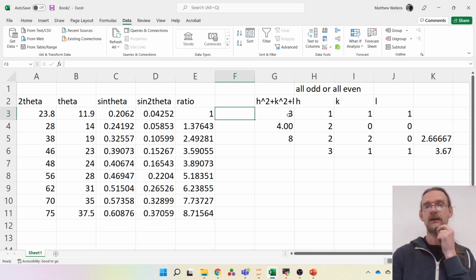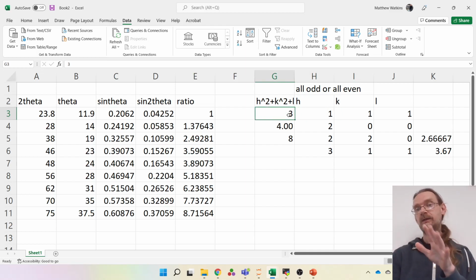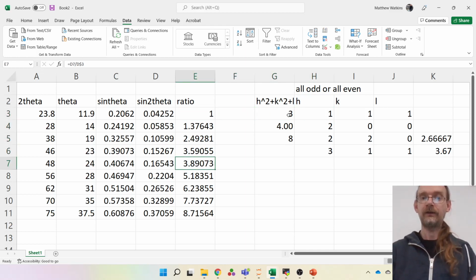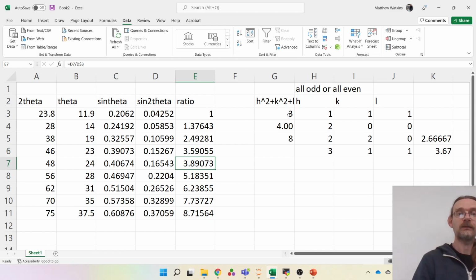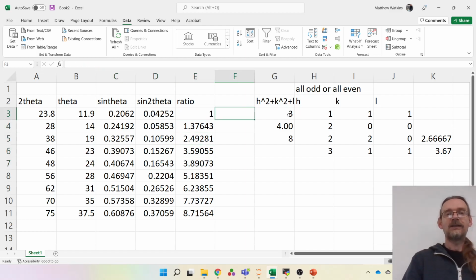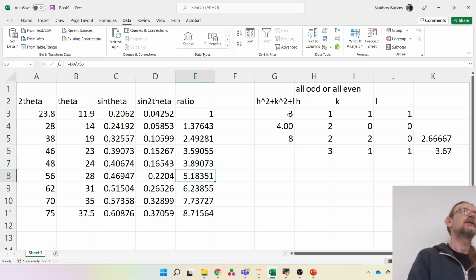For BCC, the first one is 2, so it's got to be all even, and the next one is all even as well. So for both of those you should always get integers, and for an FCC you should always get something that's a number of thirds, because the first one is 3. So what this tells us is that this is an FCC crystal.